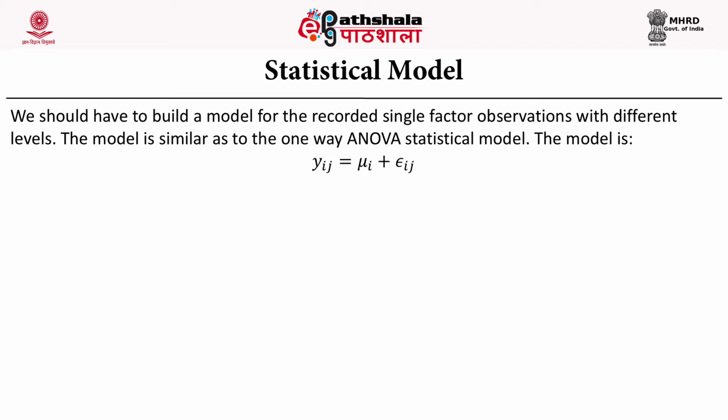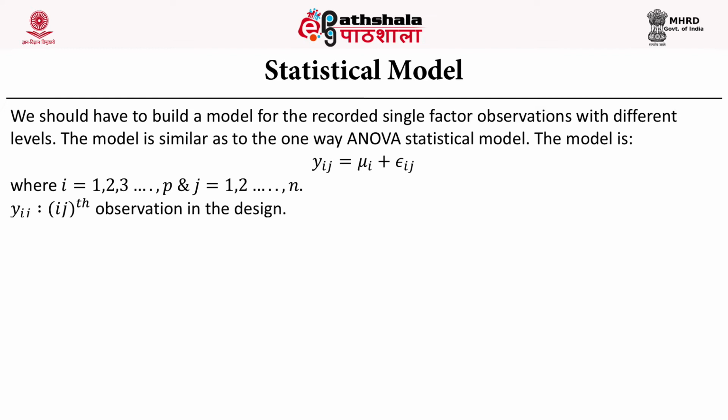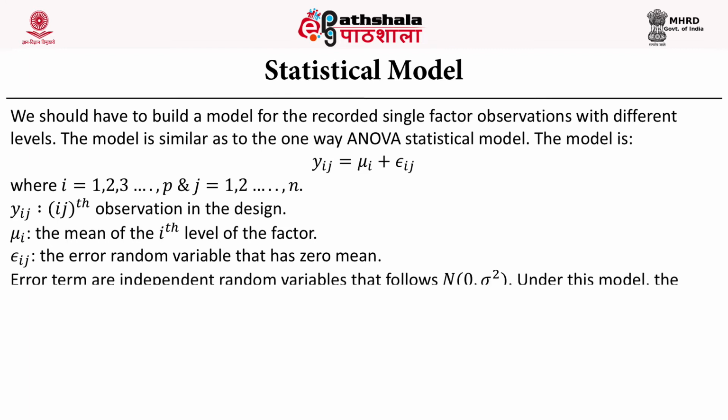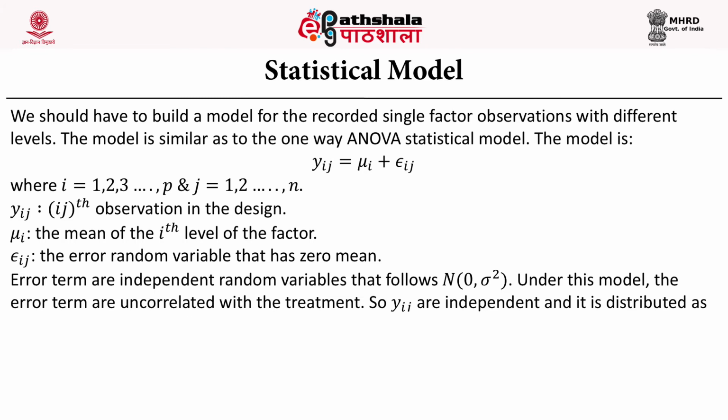The model is y_ij equals mu_i plus epsilon_ij, where i takes values from 1 to p and j varies from 1 to n. y_ij is the ijth observation in the design, mu_i is the mean of the ith level of the factor, and epsilon_ij is the error random variable that has zero mean.